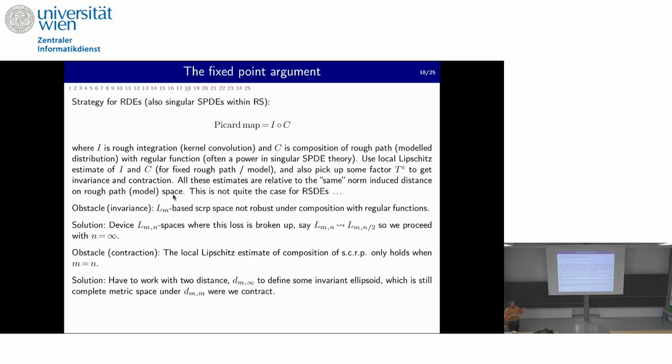So now you have these two different metric spaces. And the good news is that you can work with both somehow at the same time, and that the ball, or actually some weighted ball, some ellipsoid, that you define using this LM infinity norm that you inherit from LM infinity, is still a complete metric space under this weaker distance.